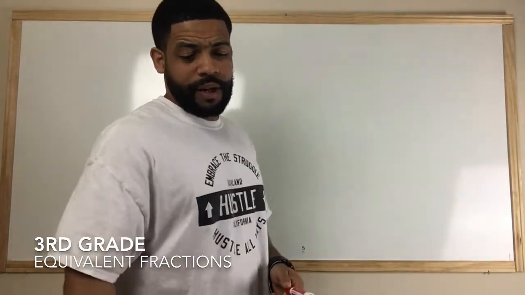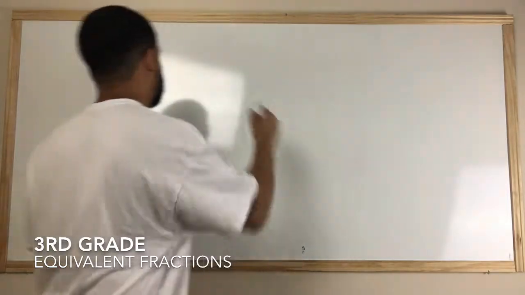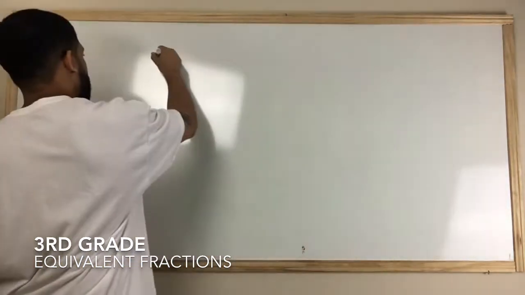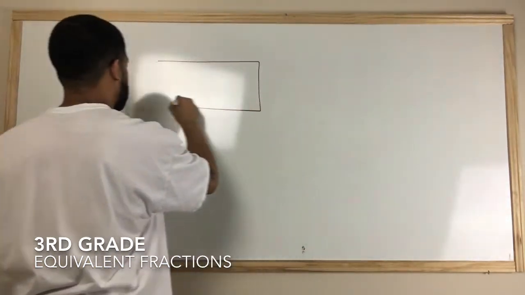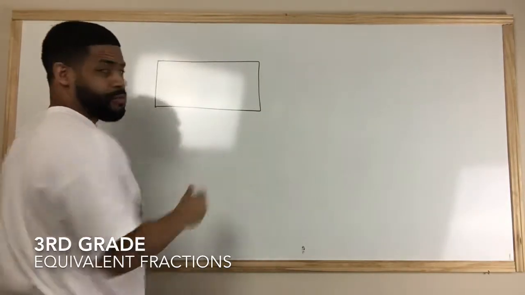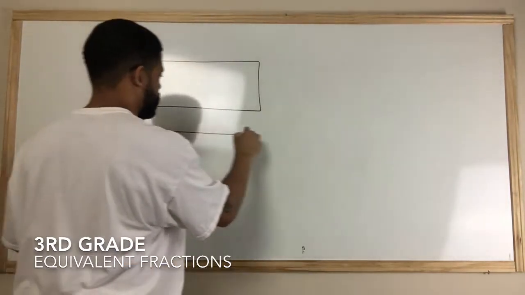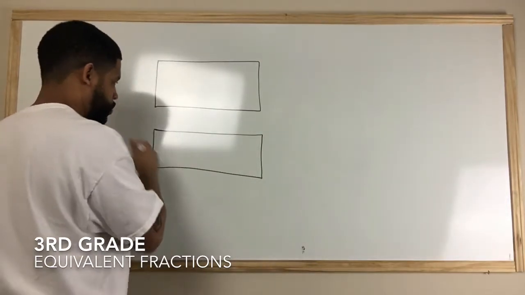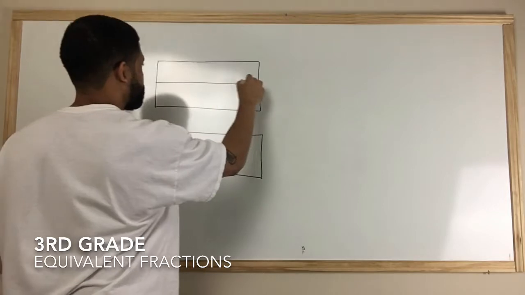So let's start by doing the visual representation of them. I want to use black because I'm going to color them. If I have this rectangle, and I'm going to draw another one so you can see the comparison, we're going to pretend these rectangles are the exact same size.